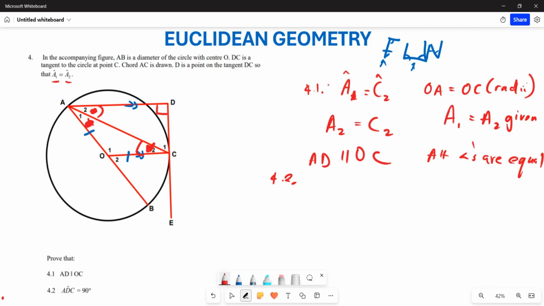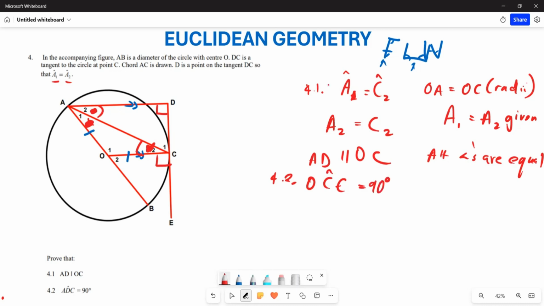So what can you do from here? If you look at angle OCE, this particular angle here is going to be 90 degrees.